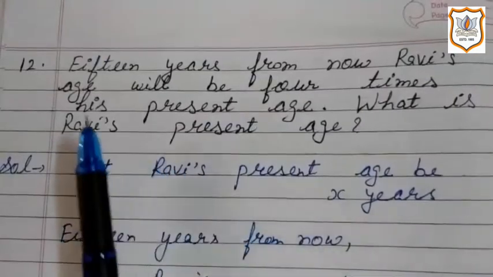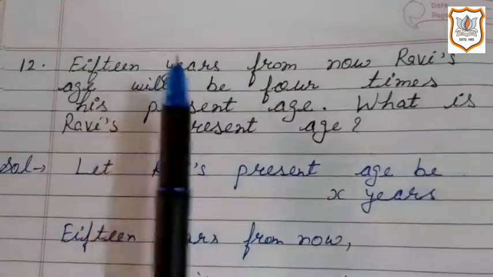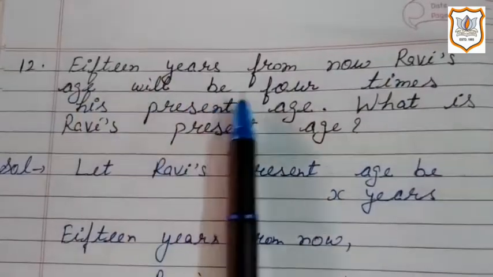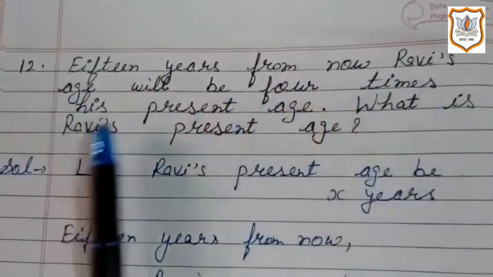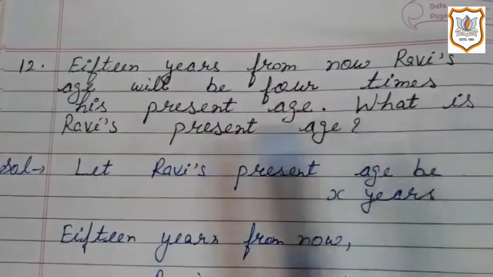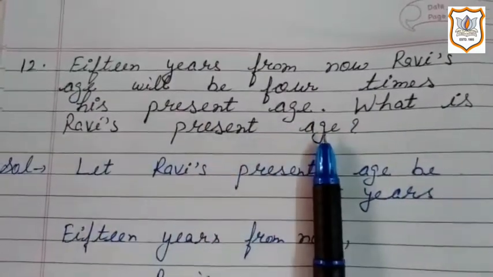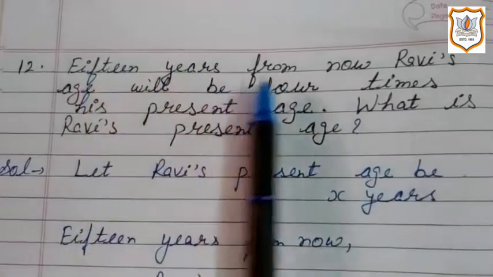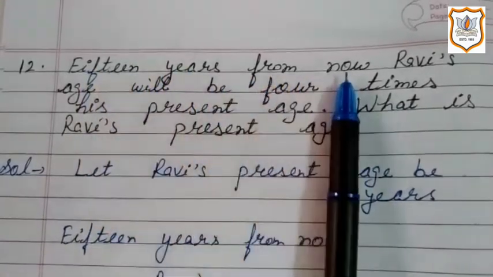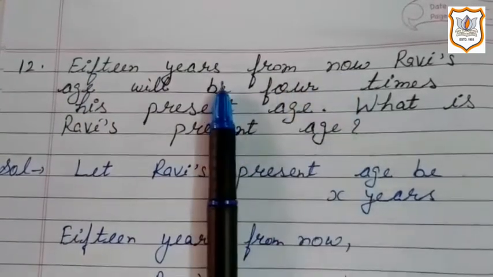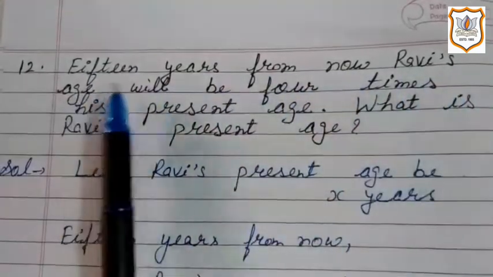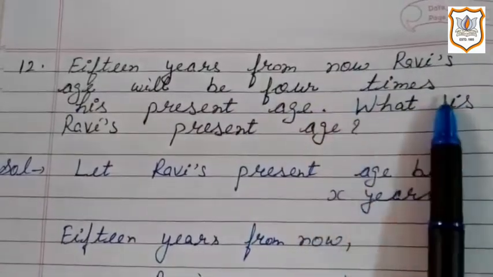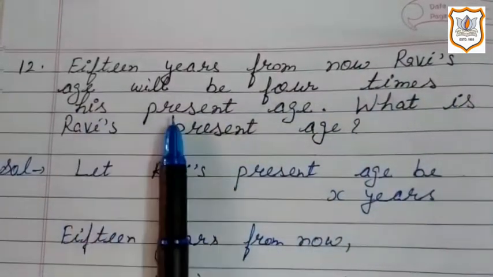Now we solve the next question. 15 years from now, Ravi's age will be 4 times his present age. What is Ravi's present age? So, what is given in this question? 15 years from now means after 15 years, Ravi's age will be 4 times, and times means multiply, his present age.